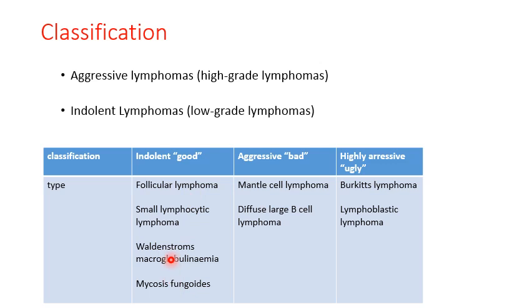Then I have discussed Waldenstrom's macroglobulinemia and mycosis fungoides, that is a malignancy of skin, an interesting disease. So these are very low grade non-Hodgkin's lymphomas, whereas lymphoblastic lymphoma and Burkitt's lymphoma, I'm sure you have heard, it's common in HIV. They are very high grade aggressive lymphomas.